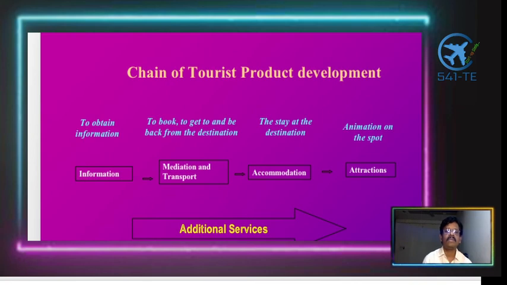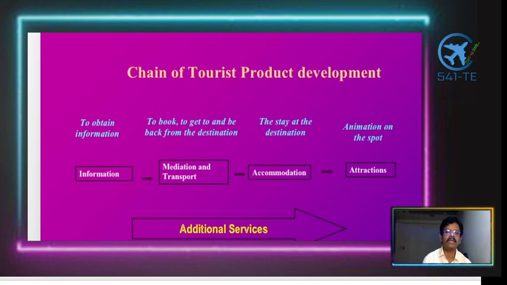Then the tourists start traveling and stay at the destination, like accommodation, then animation on the spot, like attractions. All these are receiving information, purchasing your package, traveling, staying in accommodation, finding attractions, interacting with attractions, enjoying the attractions and feeling them. So all these are the various issues in tourism product development.